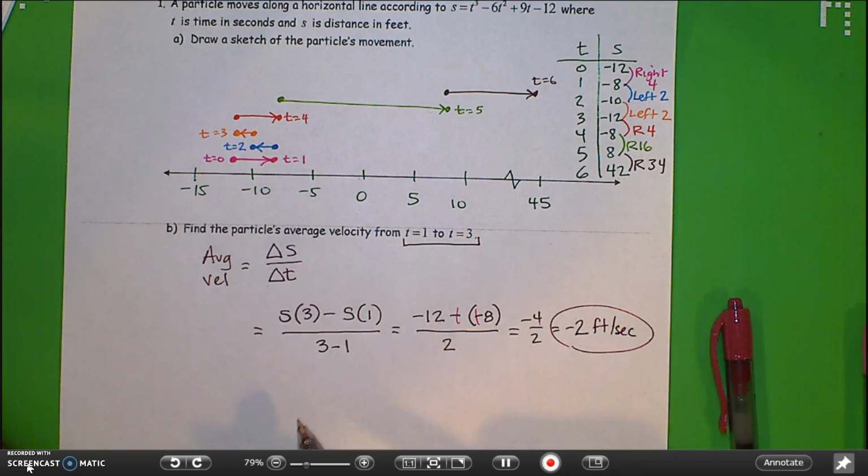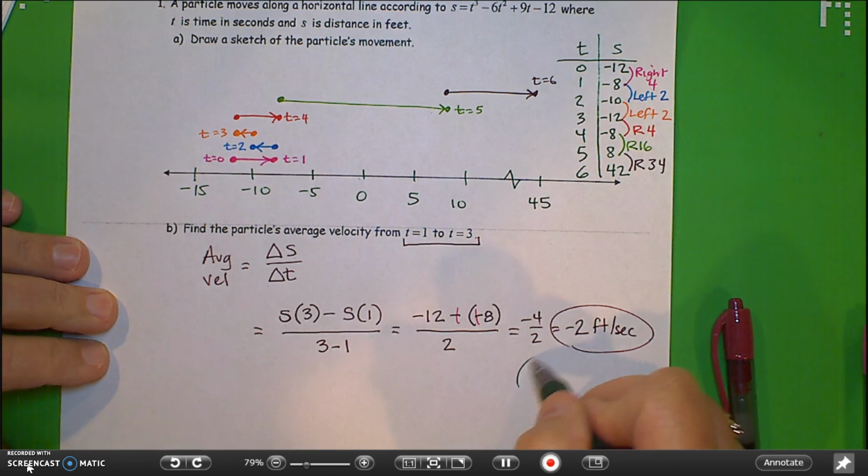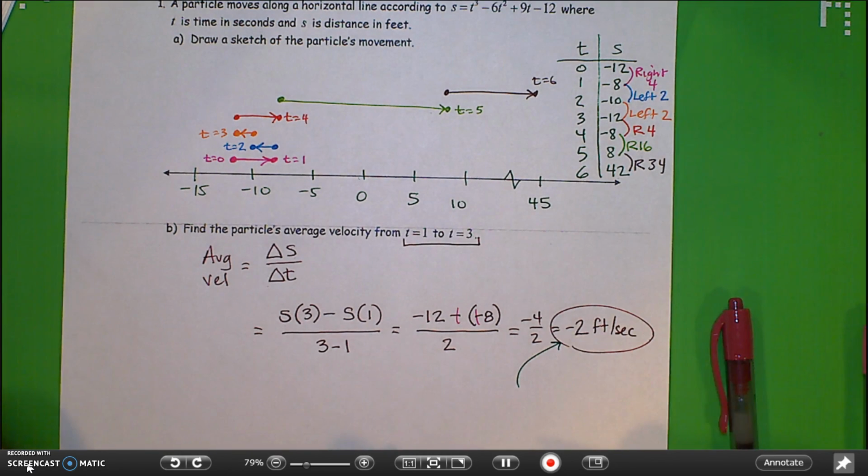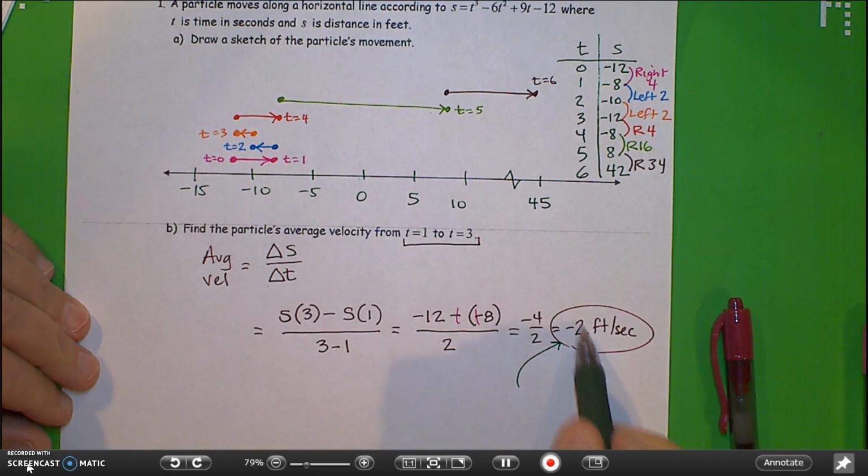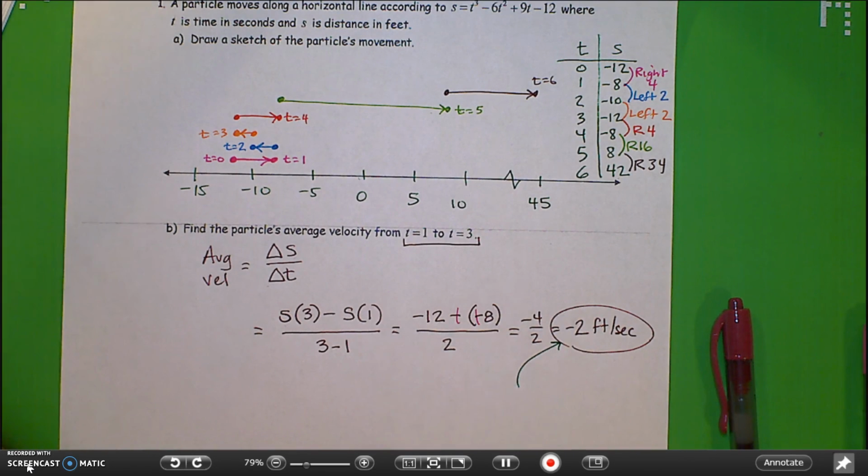So we did move 4 complete units to the left, so it was negative 4, over a 2-second interval gives us negative 2 feet per second average velocity. The negative part means it's to the left. So the magnitude of this, the 2 part tells us how fast, the negative part tells you what direction.